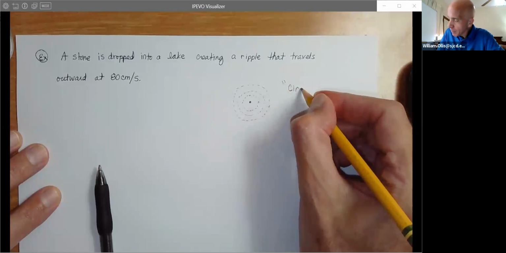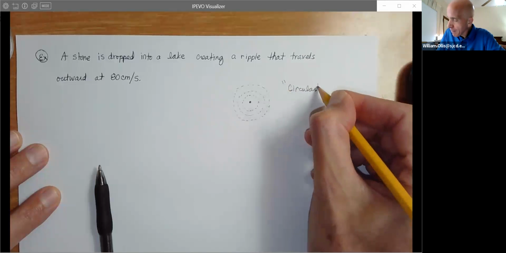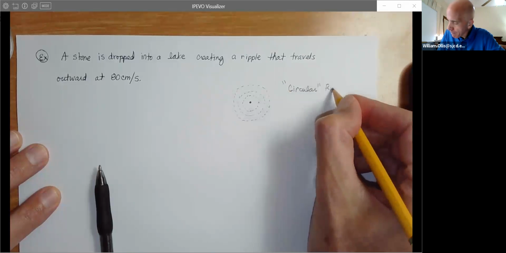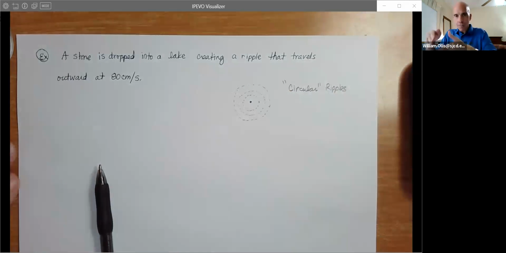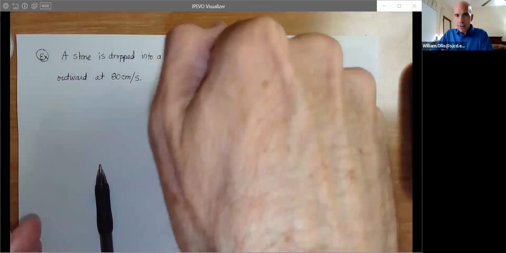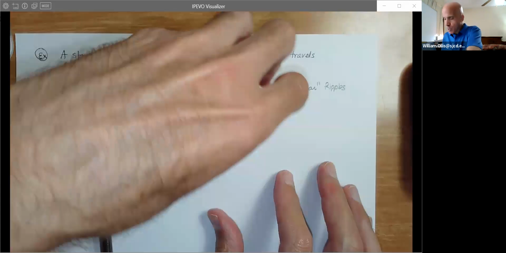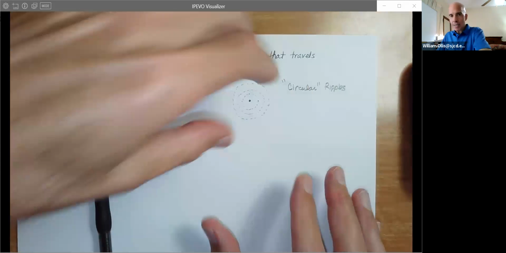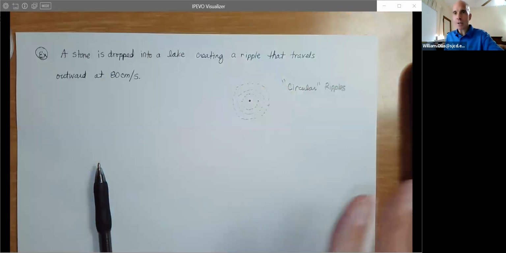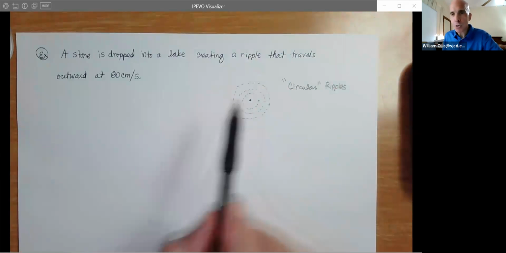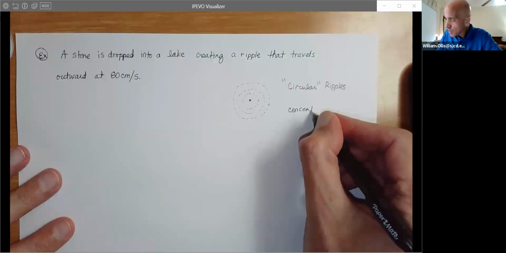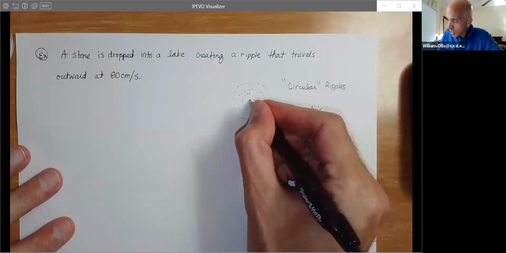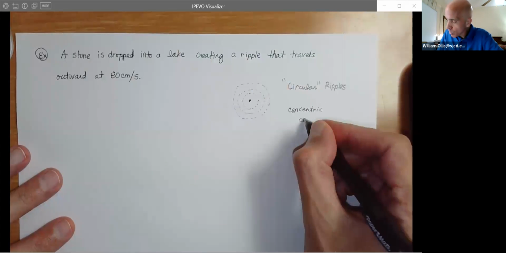You expect that. The pebble hits the water, or the stone hits the water, and then these just undulate out, making concentric circles. Sometimes we say concentric. That means the centers are the same. The center is the same, concentric circles.